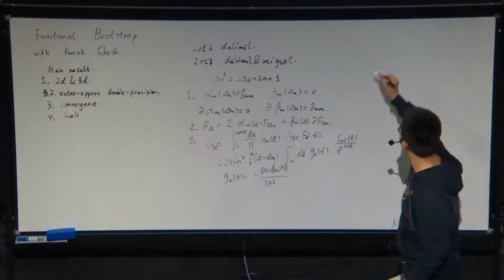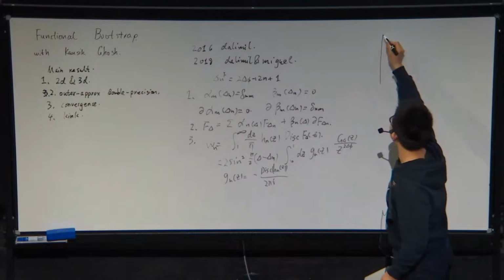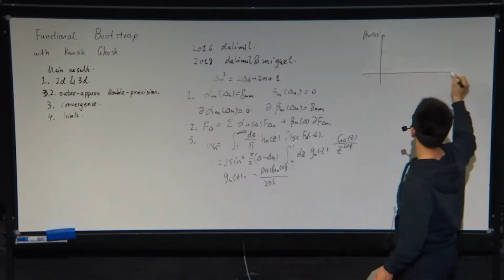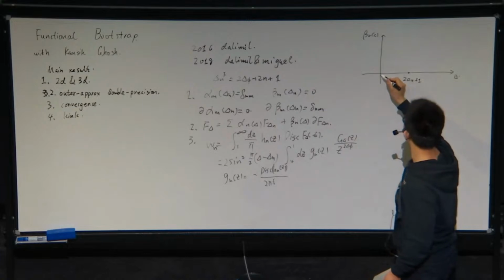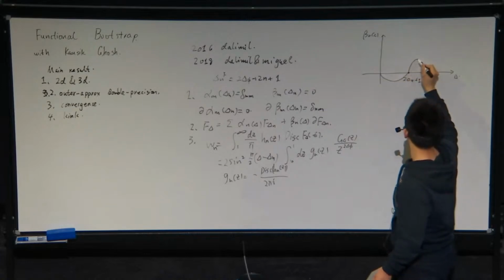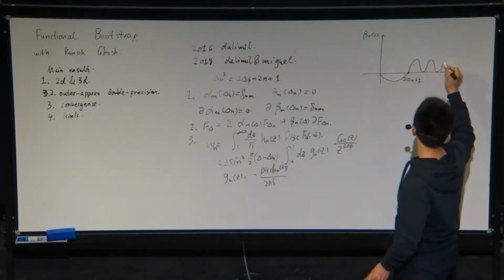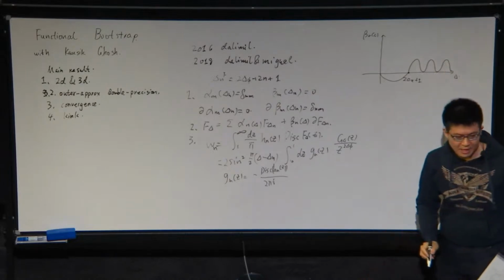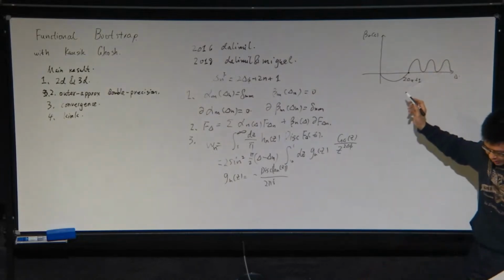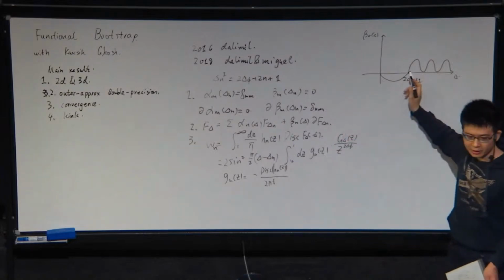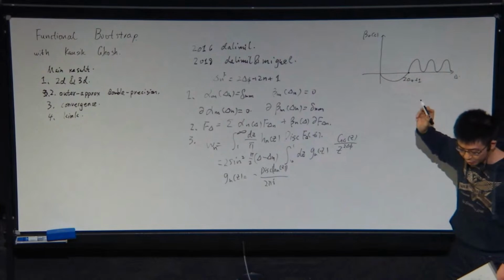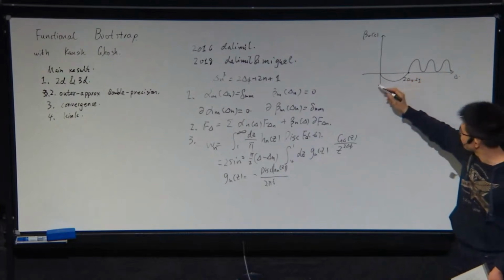So what does the functional look like? Let me just draw beta_0 of Delta, and here is 2 Delta_phi plus 1. It will look something like that, schematically. It is basically sine square, and this factor will have some poles to cancel the double zeros here, to make it a single zero.